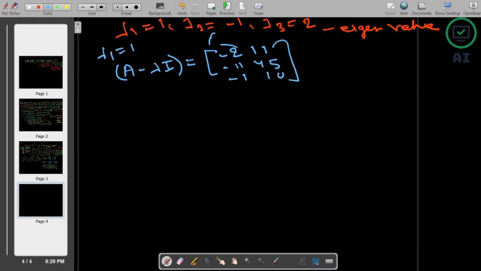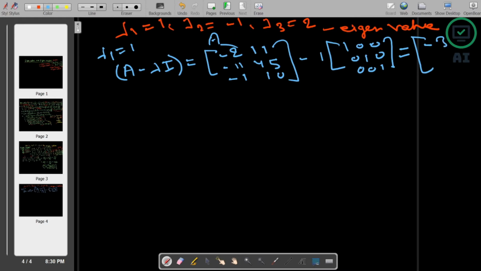So this is our initial matrix A, and then minus lambda, which is 1, times the identity matrix 1, 0, 0, 0, 1, 0, 0, 0, 1. So if you multiply 1 with this and then subtract it, you will finally get this one: minus 3, 1, 1, minus 11, 3, 5, minus 1, 1, minus 1.